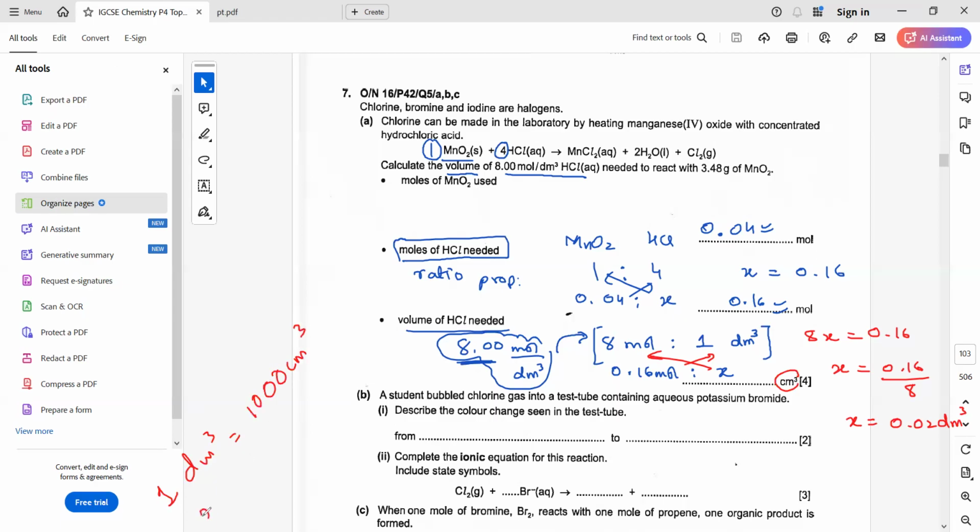So if I'm having 0.02 cubic decimeters, I'll have to just multiply it with 1,000 so I'm going to get cubic centimeters. So that's 20 cubic centimeters. Do you guys get this? Are you sure? Yes, sir. That's nice. That's great. Good job.